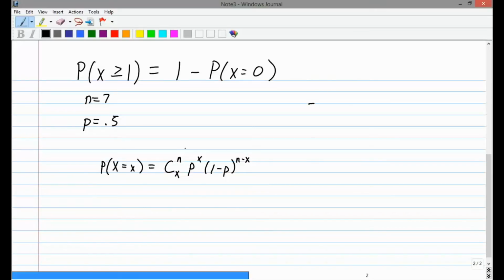So it's going to be 7 factorial over, what's that going to be, if I remember? 7 minus 0 factorial times 0 factorial times 0.5 to the 0, and then 1 minus p, that's going to be 0.5 to the what? n minus x. So that's 7.